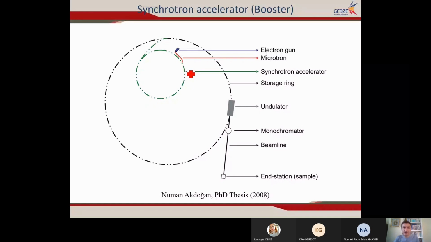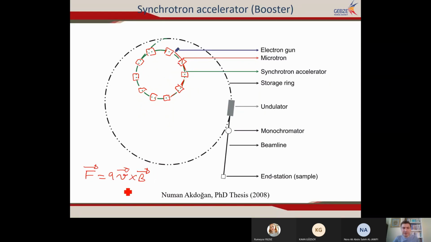So here you accelerate the electron and here you have a magnet. Here you accelerate the electron and here you have a magnet. Okay, many magnets in the booster. I will show you real pictures of the magnets used in the booster in synchrotron light sources.